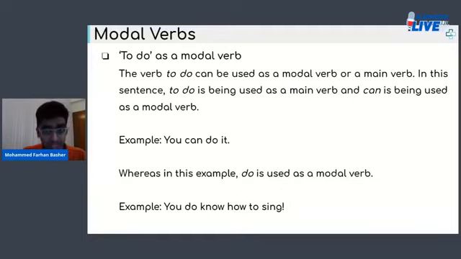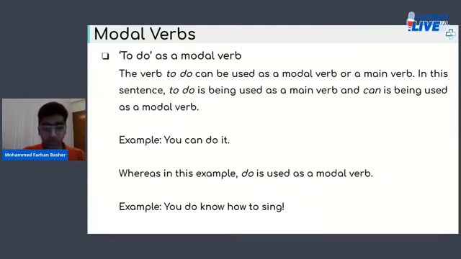So I do see my grandparents on weekends emphasizes your main verb. If you just say, I see my grandparents on weekends, there is no force here, no pressure, and no special emphasis on the verb see.